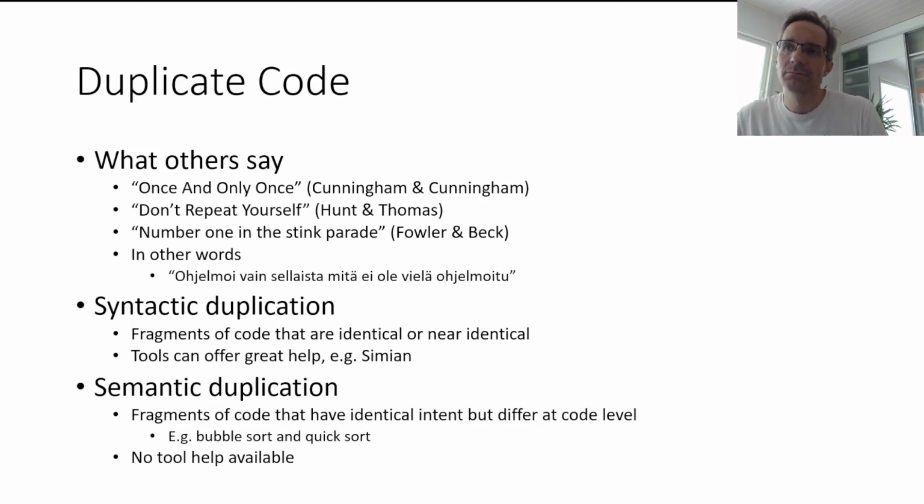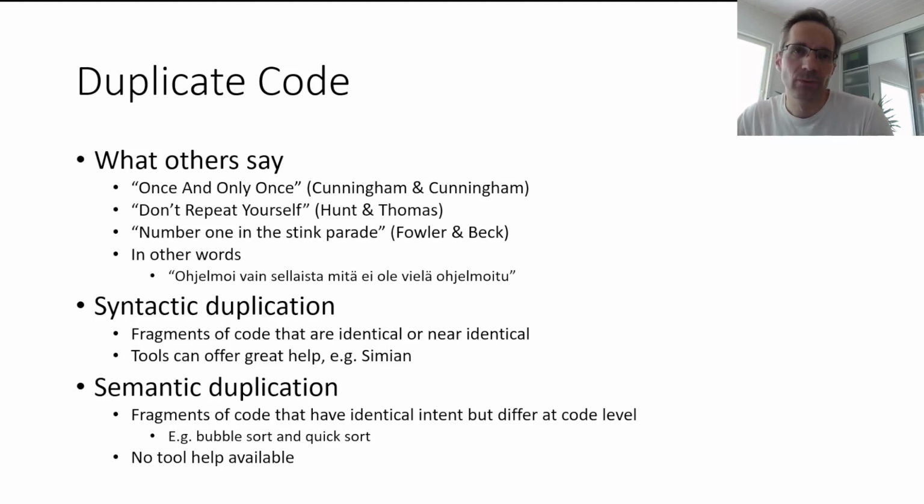So you have a function that sorts something, but it cannot be identified as syntactically duplicate because it's using a different algorithm. And if there is really no reason to have multiple algorithms in the system, then something should go. Like if you have no reason to have a bubble sort algorithm in your program, then why are you using it? So just use quicksort because it's much better.